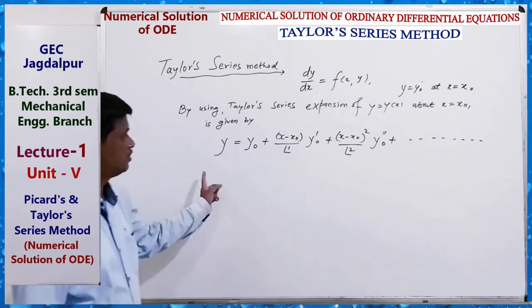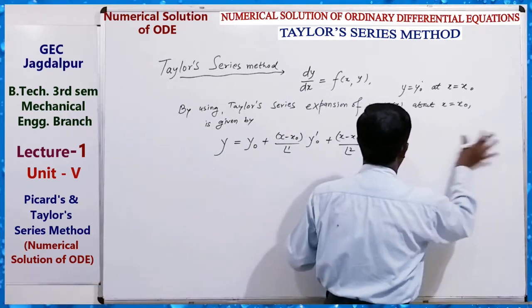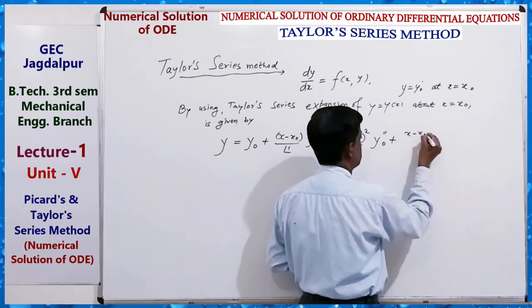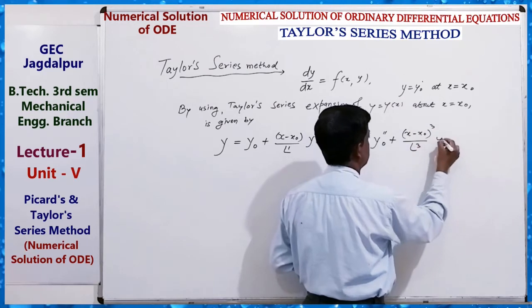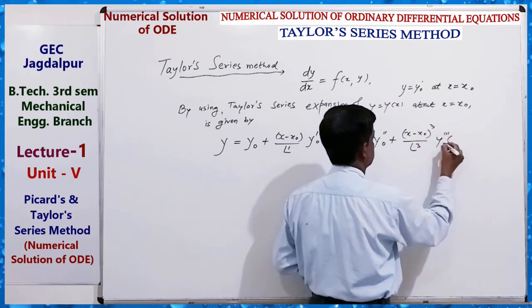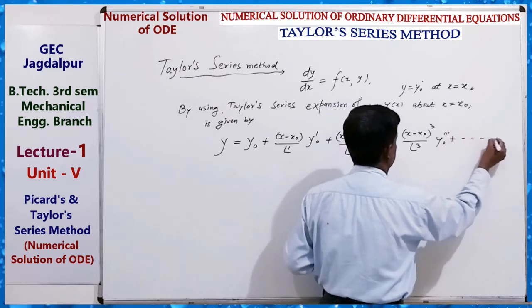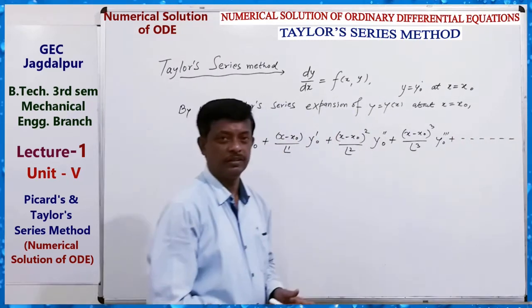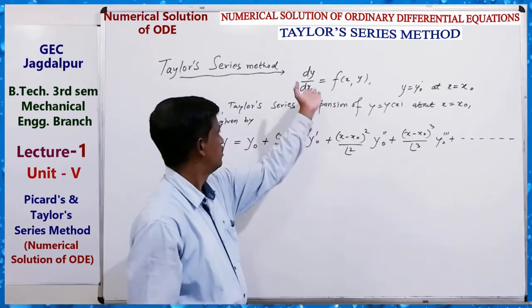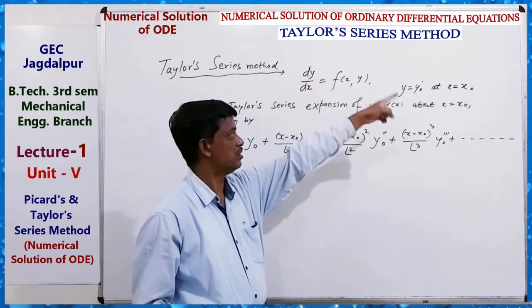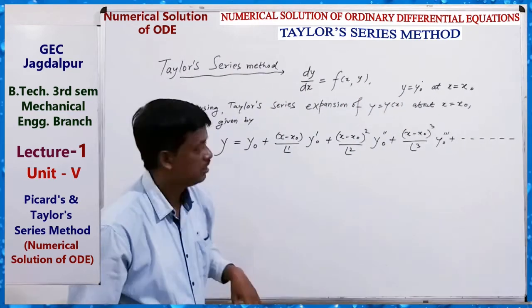And we can get a series like this. The third term will be (x minus x0) cube upon 3 factorial y triple dash at 0. These derivatives at 0 can be found by differentiating this successively and putting the values x0, y0 in place of x and y.